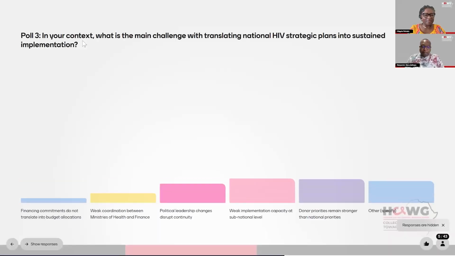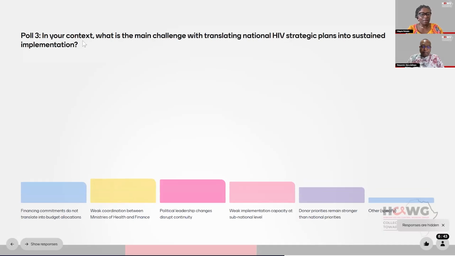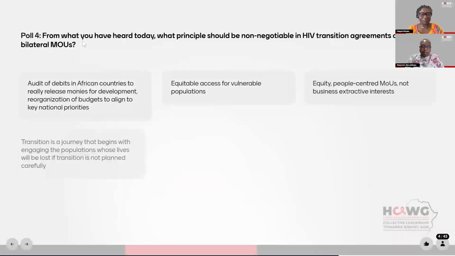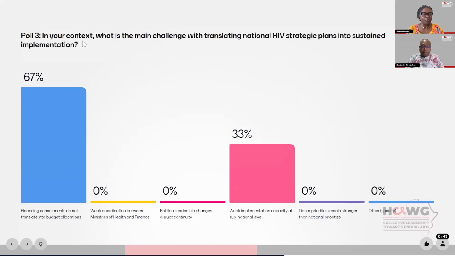the next poll. In your context, what's the main challenge with translating national HIV strategic plans into sustained implementation? You have several options. There you go. And poll 4, okay.